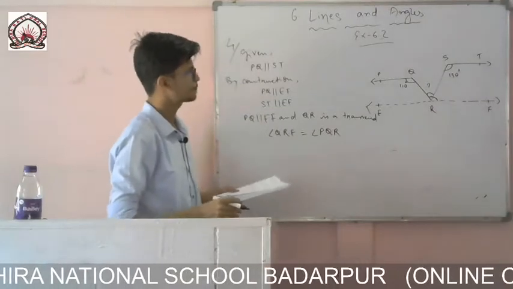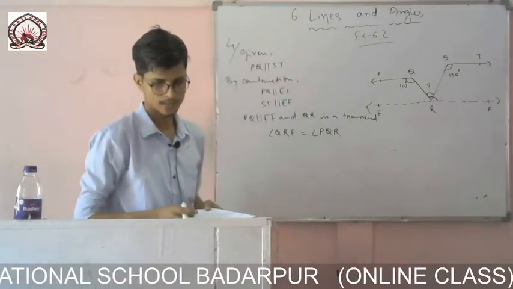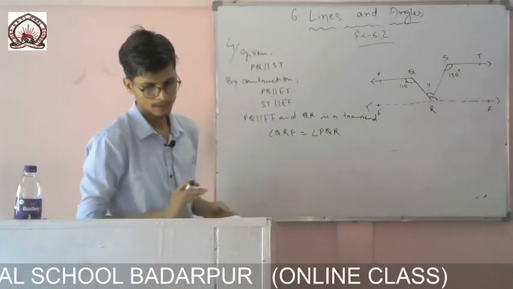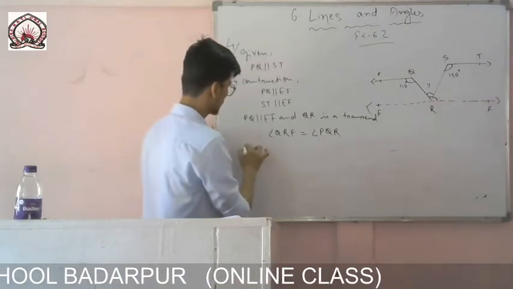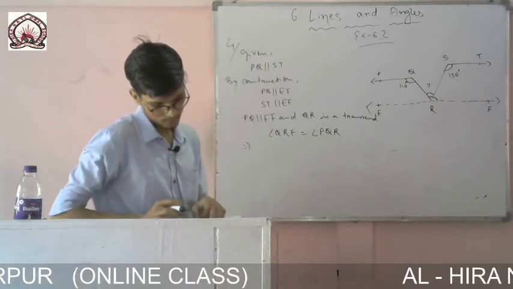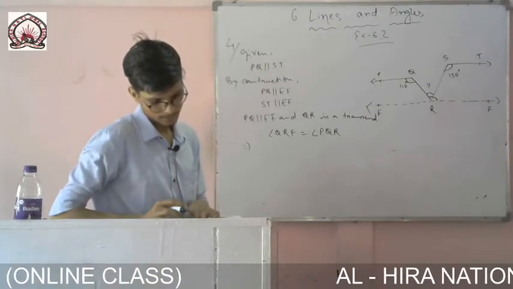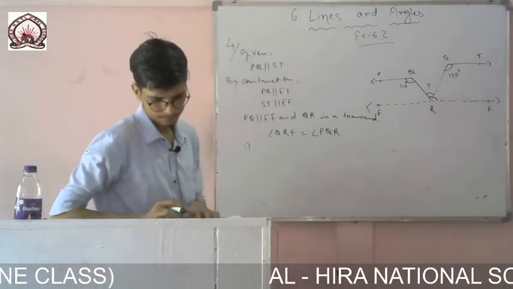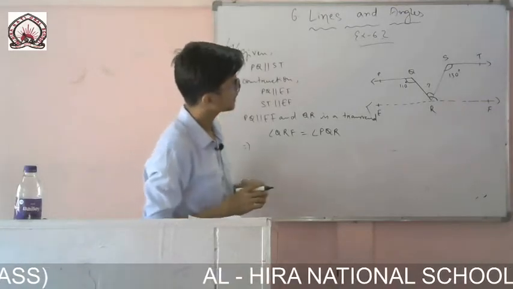The value of PQR is given as 110. Now QRF I can break into QRS plus SRF.